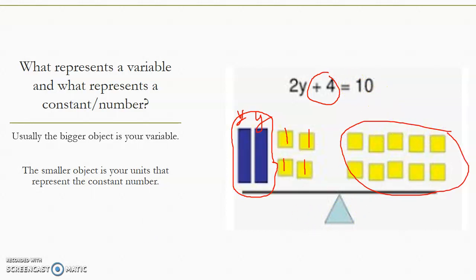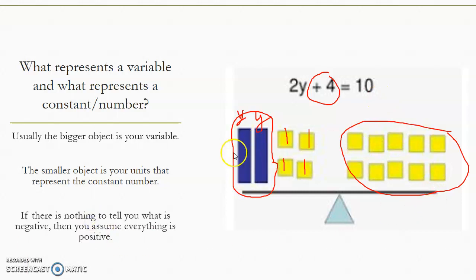And so that gives me 10. In this particular model, there isn't anything to tell us that something is negative. Everything looks the same. We don't have any plus signs or a key to tell us anything. So we would just assume that all of those numbers are positive. So that's why we wrote 2y plus 4 equals 10.